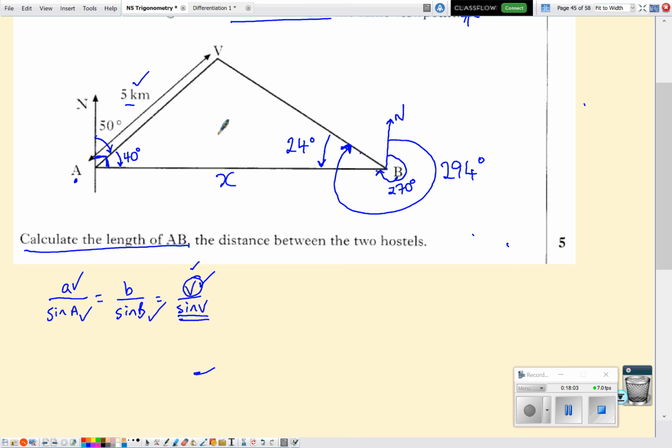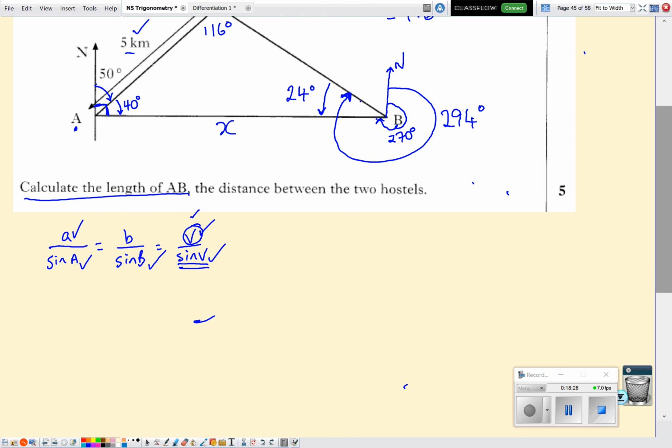Well, I know 2 of the 3 angles, so up here I'm going to say angle AVB is 180, and you've done ones like this before in the exercise, where you have to find the angle first. 180 minus 40 minus 24, and that comes to 116 degrees. So I now know that angle.